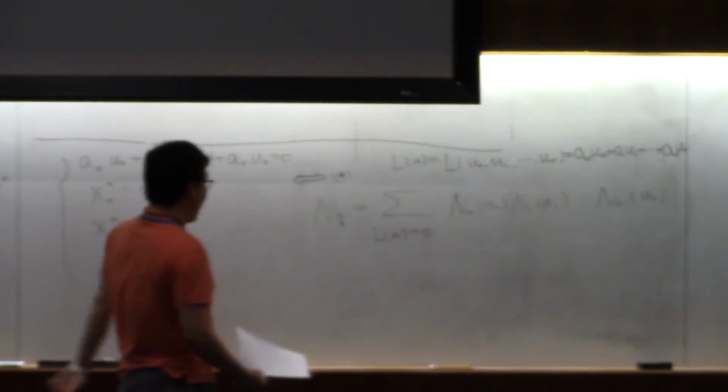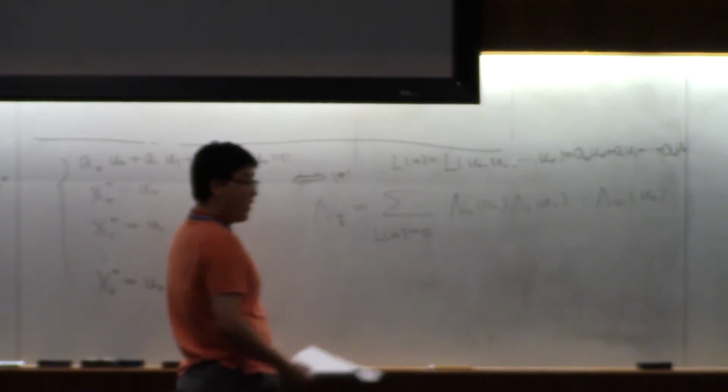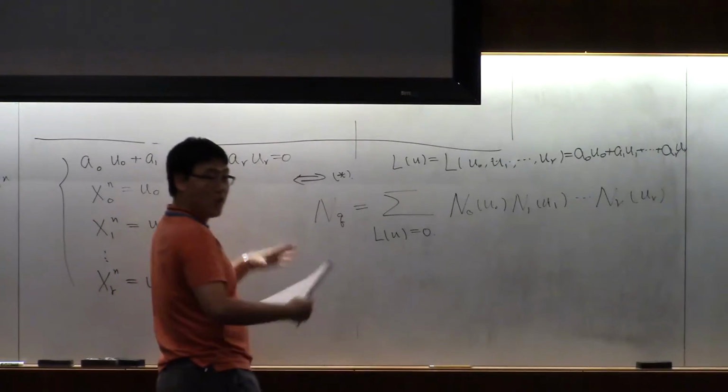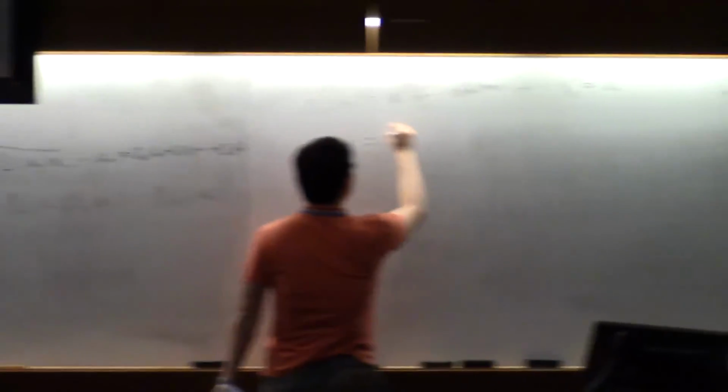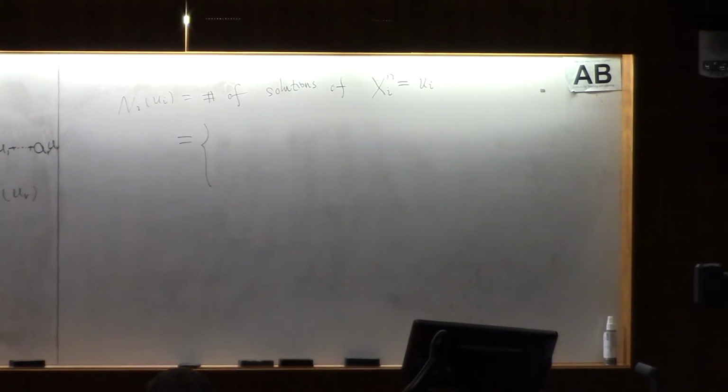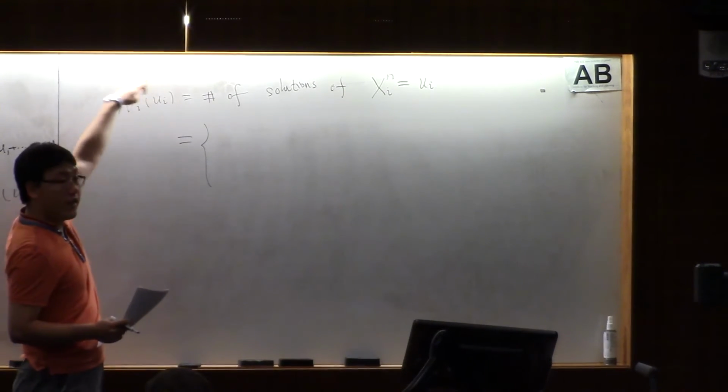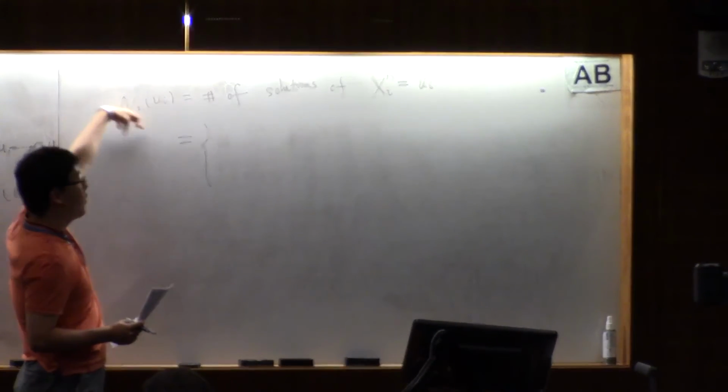But it seems that under this expression, it makes this number much more complicated. But we can do some analysis to try to simplify this sum. First, we can give a very simple description for this number.